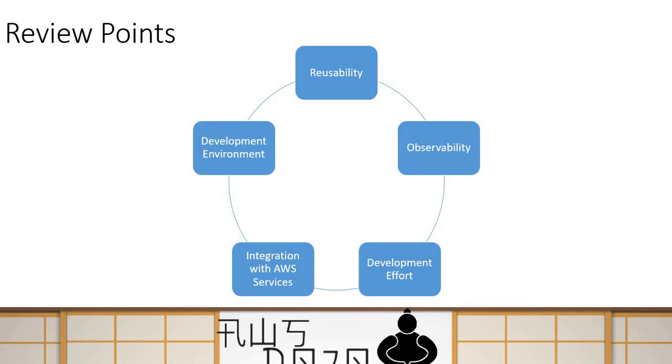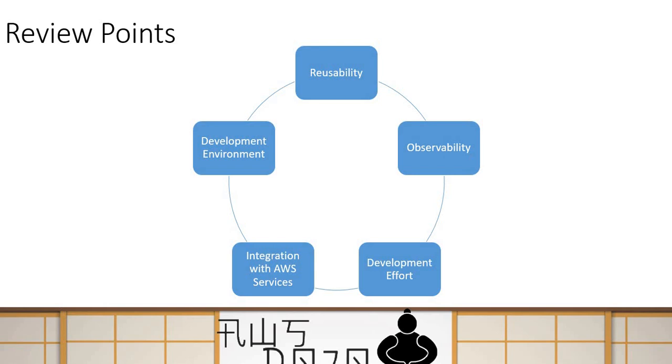Reusability really helps here because if you are building a reusable platform, it can reduce your development effort. It's more about creating a decoupled, reusable solution, so that it's maintainable and your development effort is not very high.